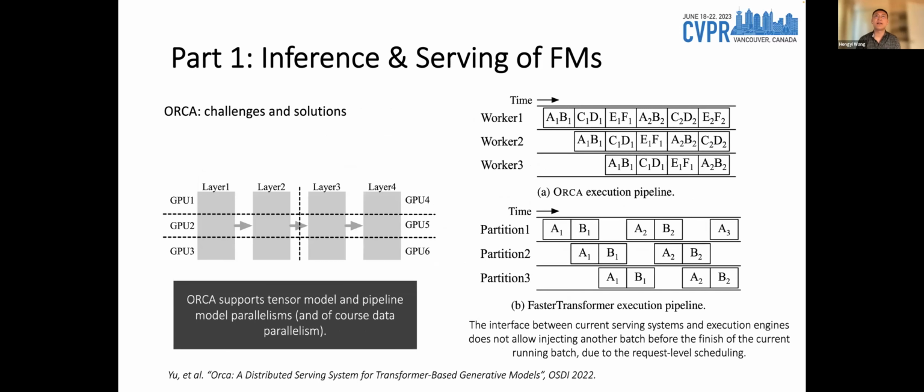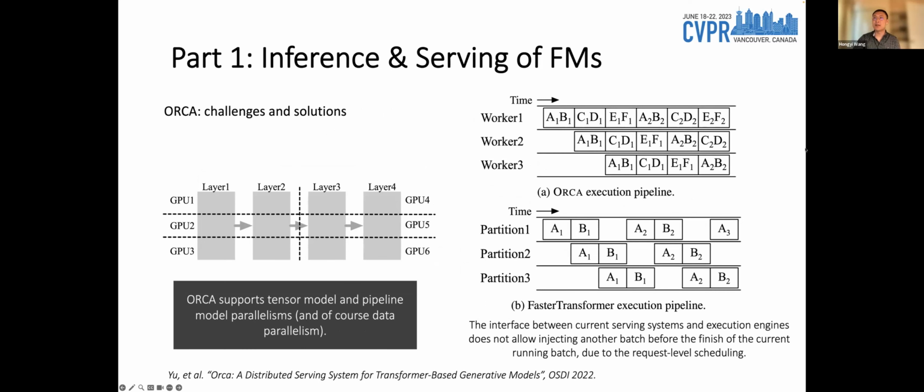As Shiro mentioned, tensor model parallelism and pipeline parallelism are also supported in the Orca system, because even for inference, once a model becomes large enough, we still need to split the model weights across GPUs. The system is implemented based on FasterTransformer, which is based on the Megatron system from NVIDIA.